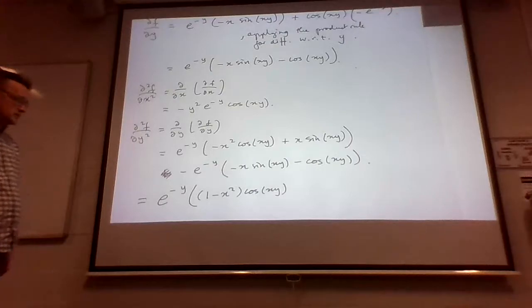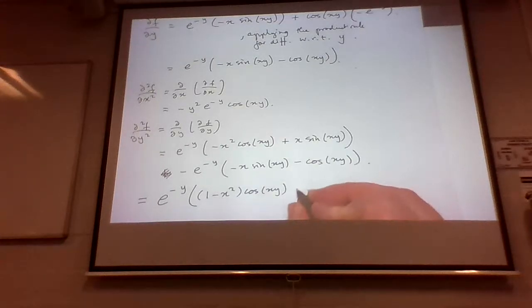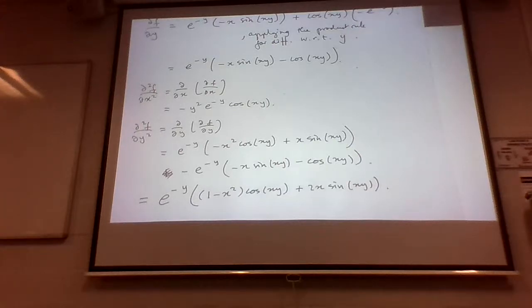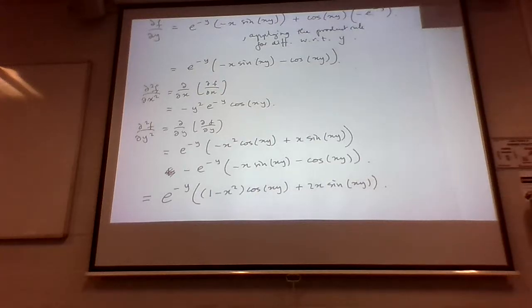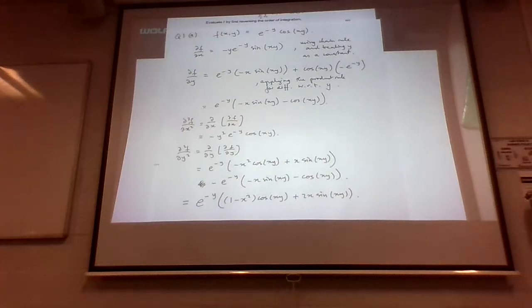So you got 2 of those. They're not cancelling, they're doubling. Plus 2x sine xy. That's just nice to tidy it up. Okay. So, that's a nice 5-mark question there. Just demonstrating your ability to apply the principles of partial differentiation and to work those out.